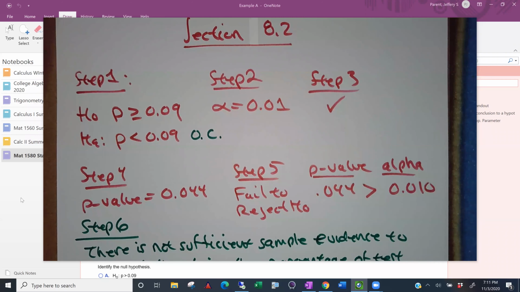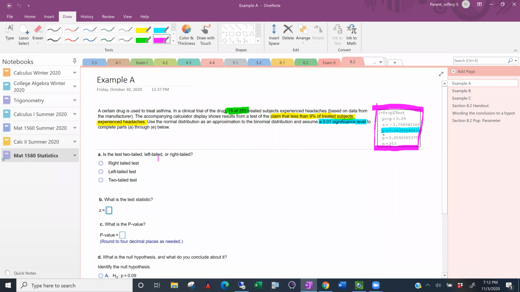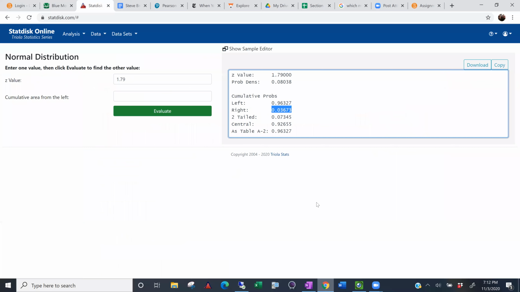Or the other possibility is that they could give you some summary statistics and you can do it that way. So it kind of depends. Now in this one, we actually do have enough information to do it ourselves. So let's practice it and see that we get the same or similar output from Statistic that we got from a graphing calculator over here. So good question.